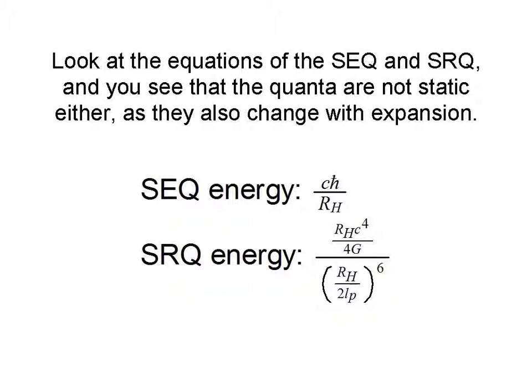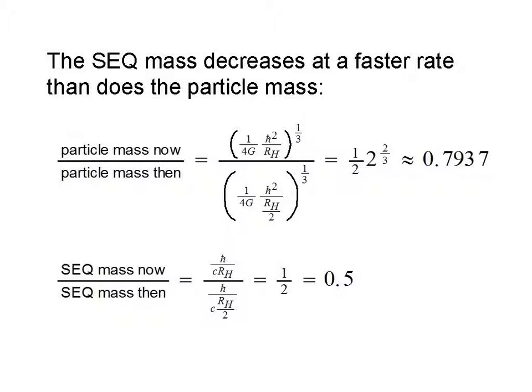Look at the equations of the small energy quantum and the small radius quantum, and you will see that the quanta are not static either, as they also change with expansion. The energy of the small energy quantum will decrease with expansion. The energy of the small radius quantum will decrease with expansion. And even though a few slides ago we saw that the mass of particles decreases with time, particles are composed of quanta, and the quanta are shrinking at a faster rate than are the particles.